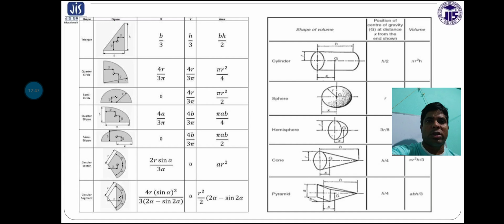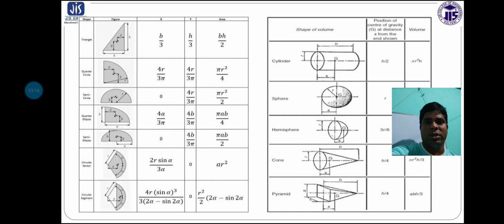In a quarter circle, x bar will be 4r by 3 pi, where r is the radius of the quarter circle, and obviously the y bar, the y axis centroid, will be the same value, 4r by 3 pi, and the area will be pi r square by 4.